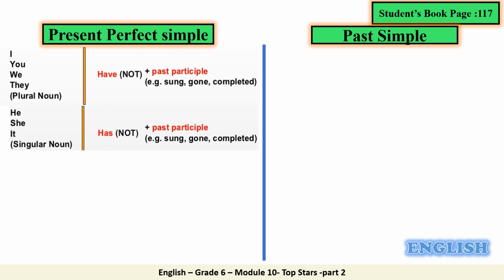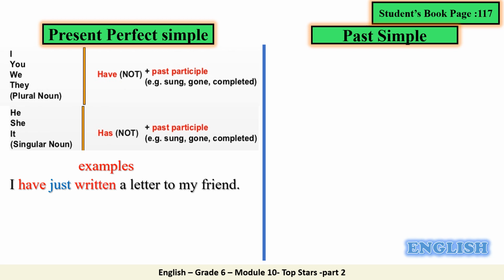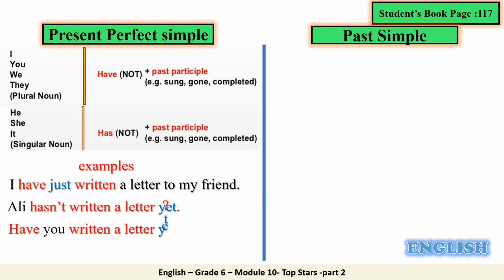In the negative form, we add not to the auxiliary verb has. Very good. Let's take examples. I have just written a letter to my friend. Ali hasn't written a letter yet. Very good. And the question form: have you written a letter yet?